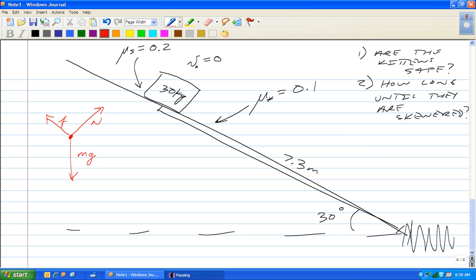Now, rule 1. Choose a coordinate system such that the acceleration, if there is one, is along an axis. Do we have acceleration? Maybe. We don't know yet, right? Whether we do or not is the answer to question 1.